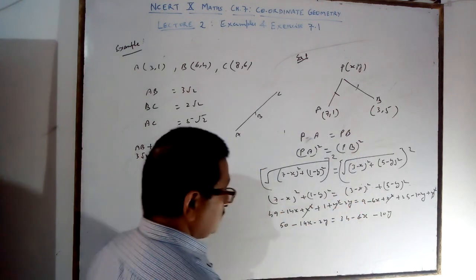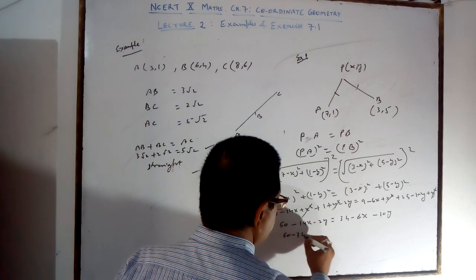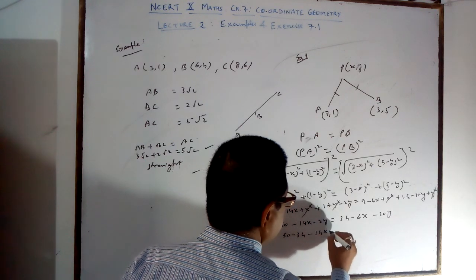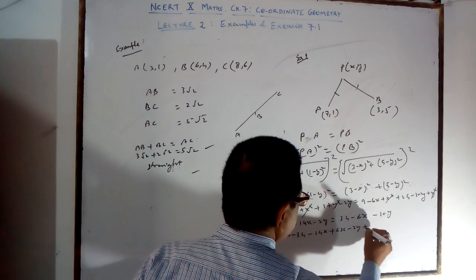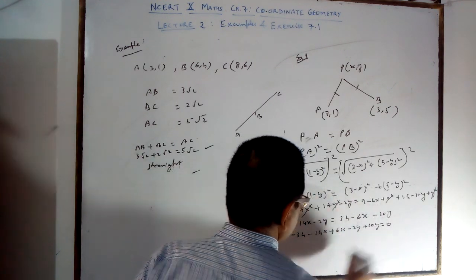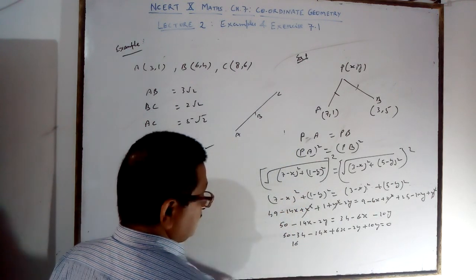Now transpose everything to one side: 50 minus 34 minus 14x plus 6x minus 2y plus 10y is equal to 0.